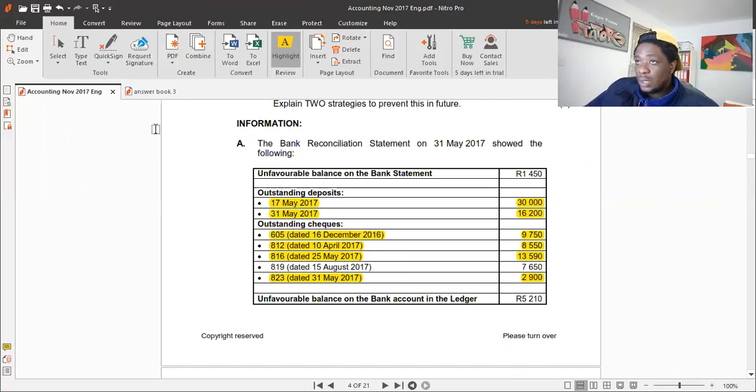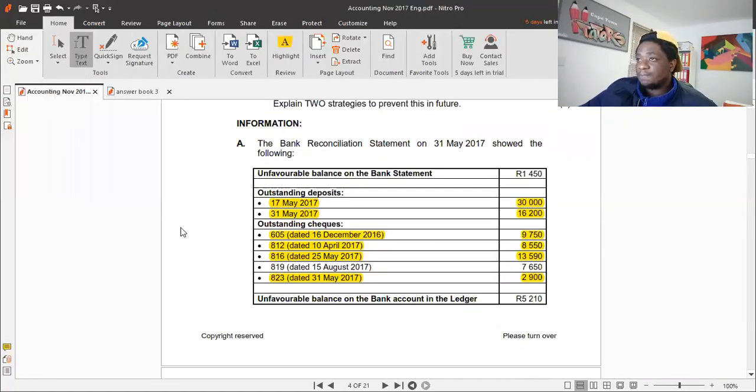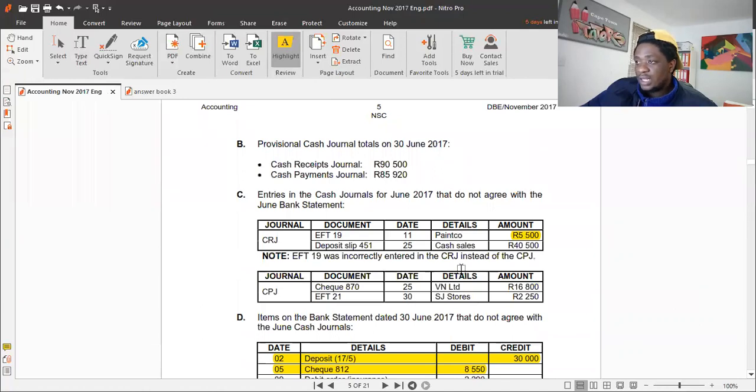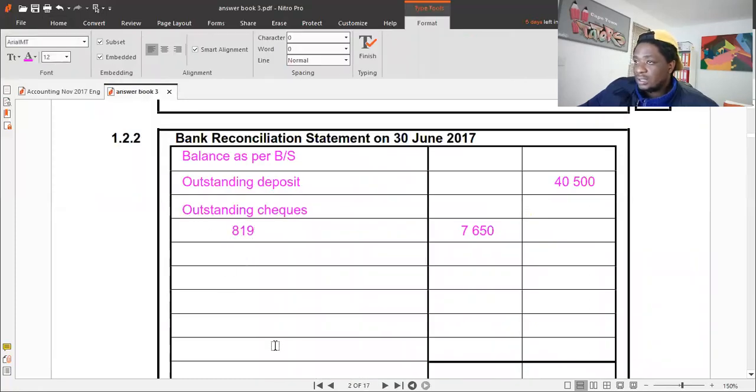So we're going to put check 819, and we know that the checks go onto the debit side, and the total amount is 7,650, right? Cool. And then the next check that we want to deal with is check 870 dated 25 June for 16,800.